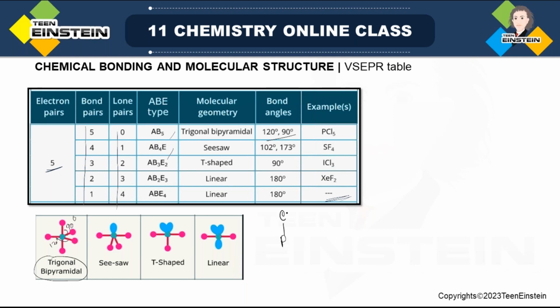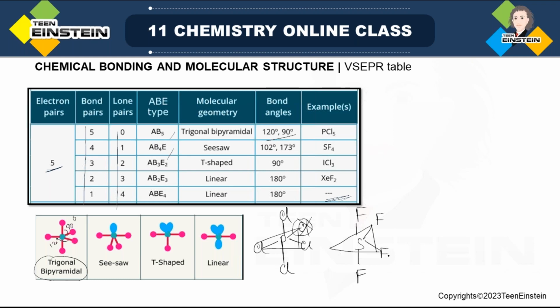Suppose I am drawing PCl5. This is a triangle and these two are axial. Now if I remove this one position, you can find the corresponding example. It is SF4.